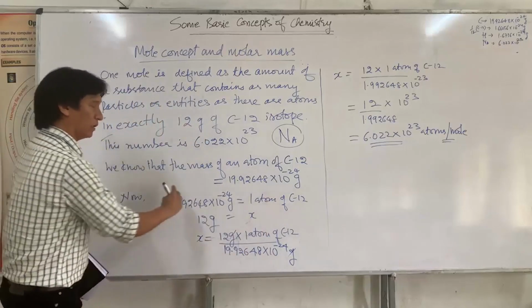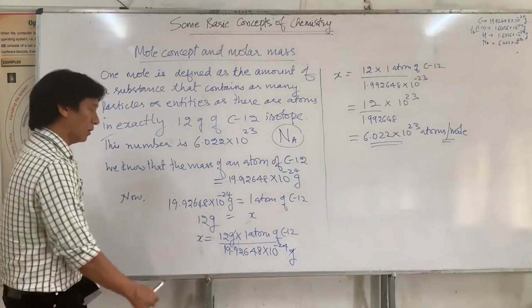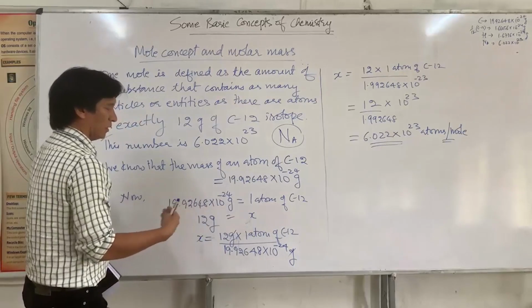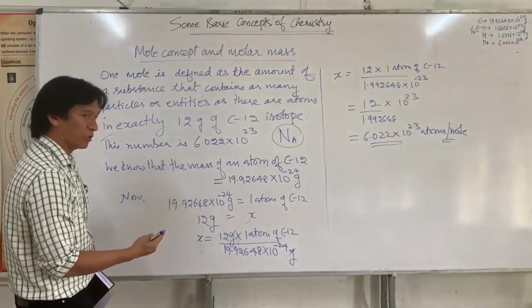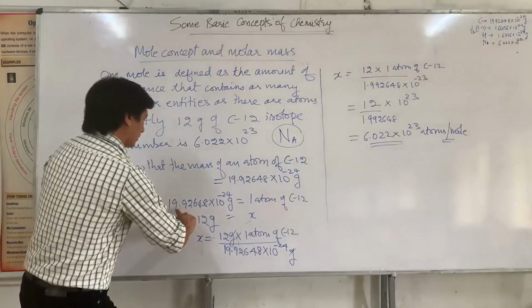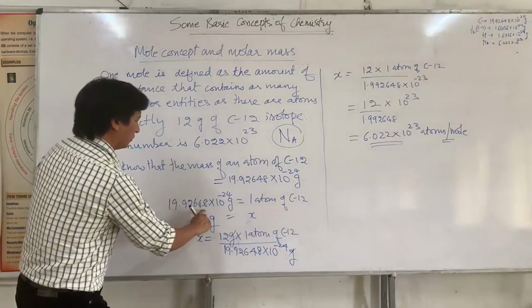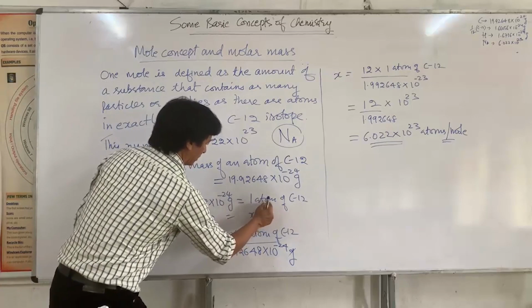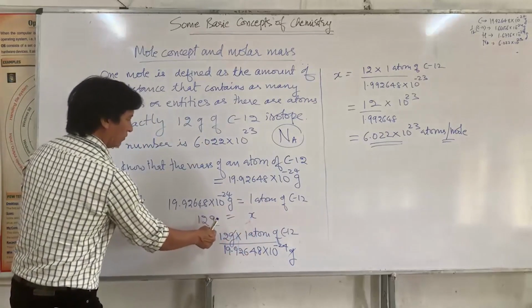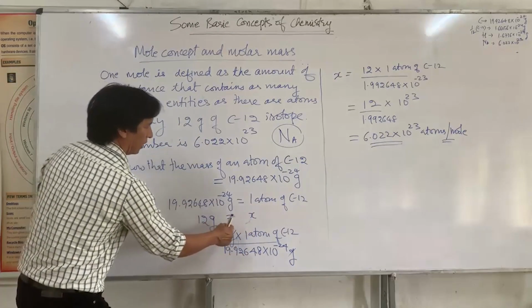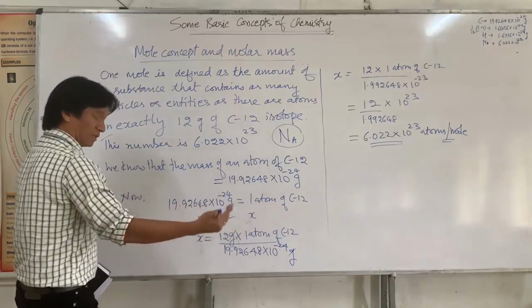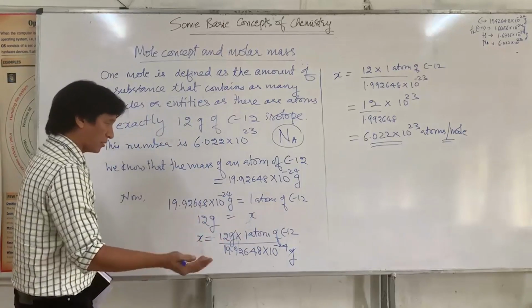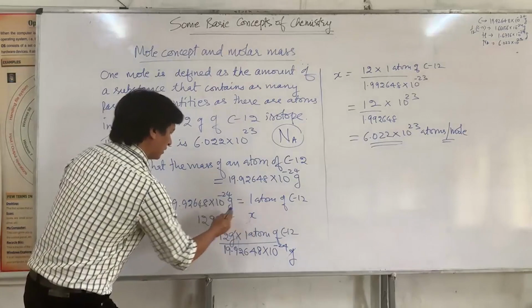This is what you have to find. Now look at this, this is very important. It is a direct proportion relationship here. 1.992648 × 10^-23 grams is equal to 1 atom. Then when you have 12 grams of carbon-12, how many atoms?